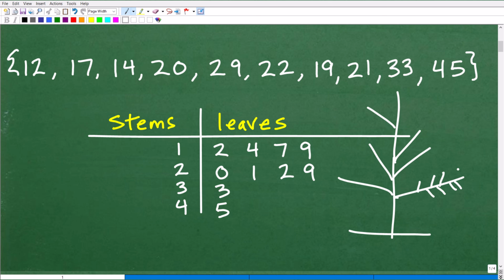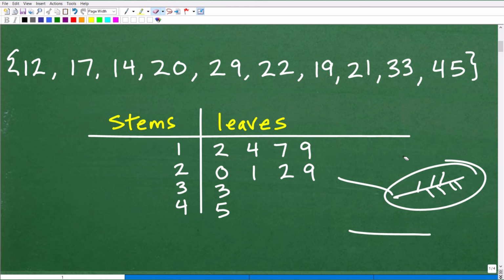And then some of you might be thinking, is this where this word stem and leaf plot is coming from? Is it this kind of concept? And yes, that's exactly the concept that is related to why we call this a stem and leaf plot. And of course, we have stems and then we have leaves. So let's see how this works.